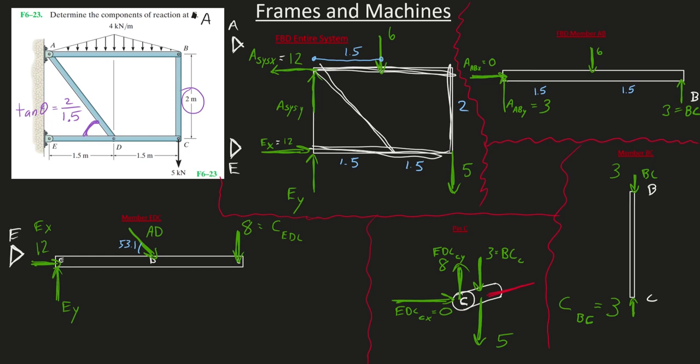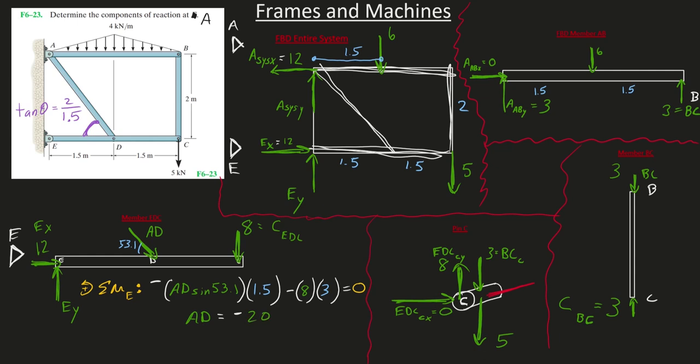So everything's ready. I can just chug my math now. Some moments about E should allow us to get AD. Alright, so here's our sum moments about E equation. And if we do that math, we can find AD as equaling a negative 20 kilonewtons.